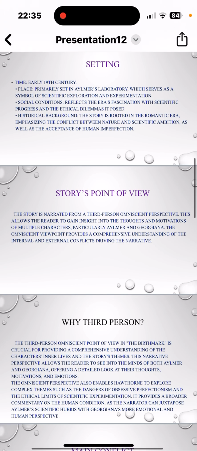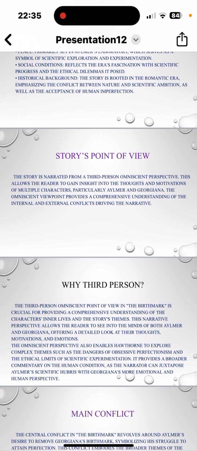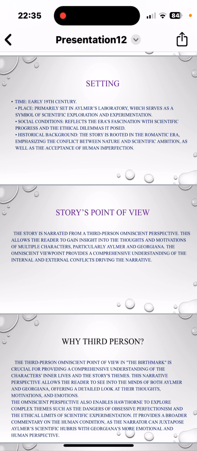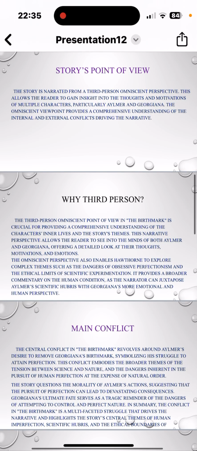Slide 8, we have the story's point of view. The point of view is third person. It allows insight into the thoughts and motivations of Aylmer and Georgiana, and it allows the reader to gain more insight into the story.